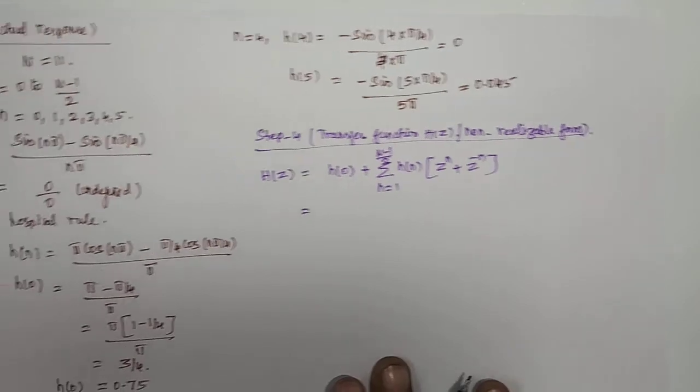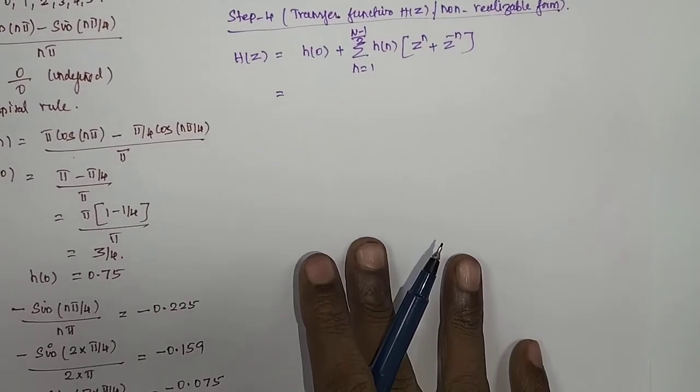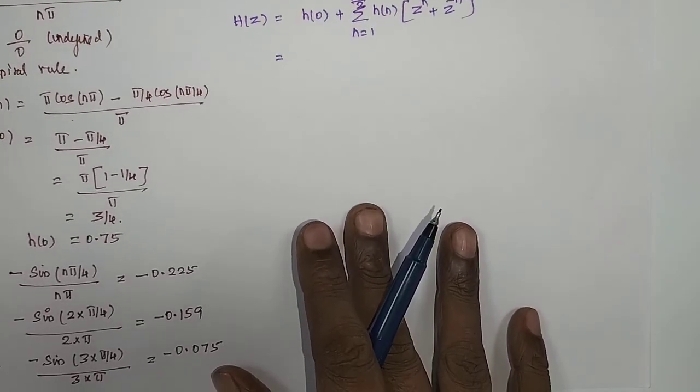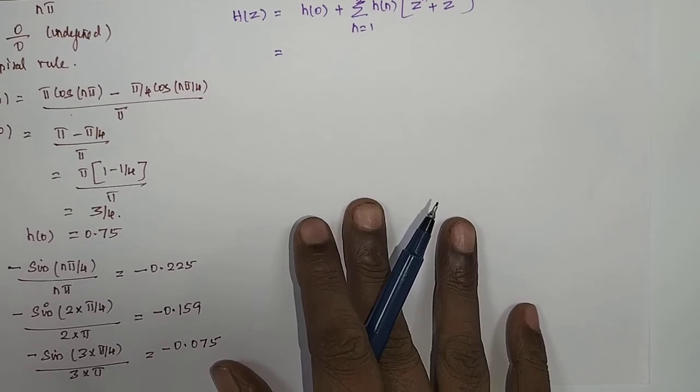So here we have already found the values for h of 0, h of 1, h of 2, h of 3, h of 4.